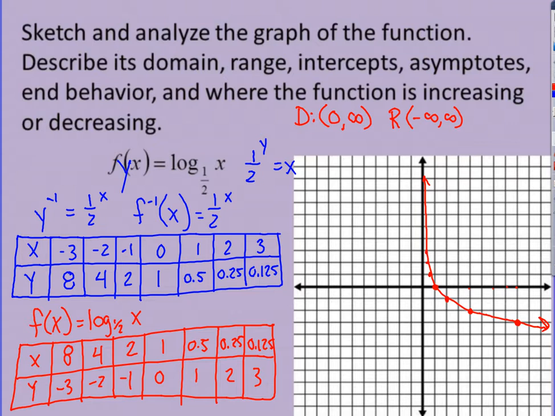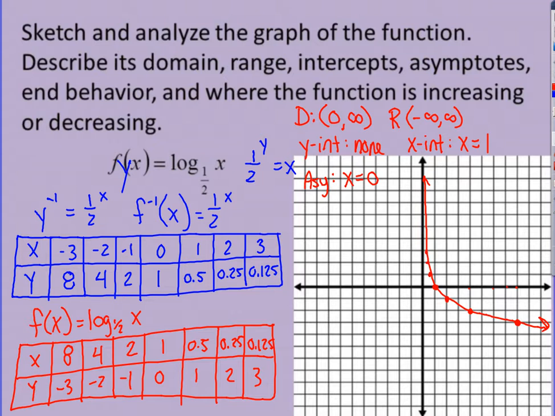Our intercepts, y-intercept, we still don't have one. Our x-intercept, we are crossing that x-axis at 1. Asymptotes, it is approaching the y-axis but never actually touches it. So we have an asymptote at x is equal to 0.